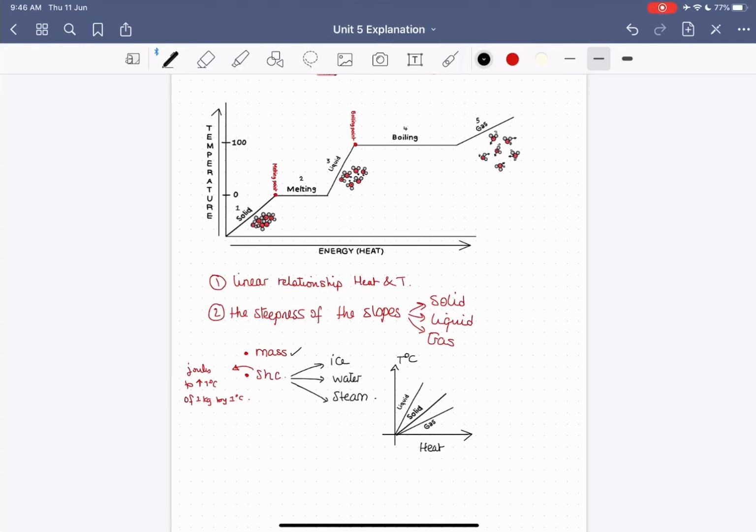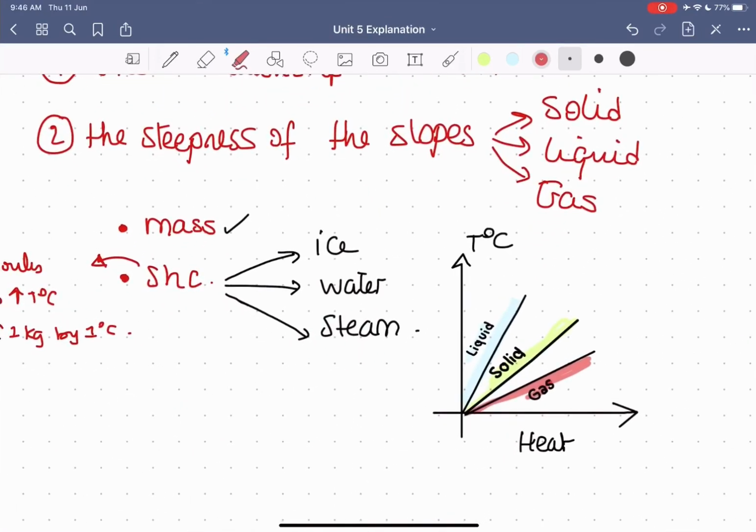So if I copy the slope of solid and the slope of liquid and the slope of gas, and I have them over here. So this is the solid, and that's the liquid, and this is the gas. Okay, so what can we notice? We can notice that liquid has the steepest slope, which means that water will have the greatest specific heat capacity.